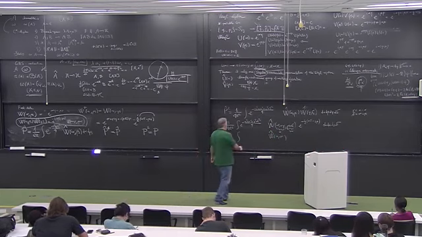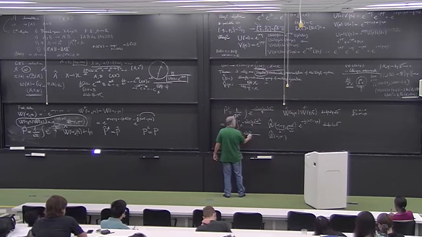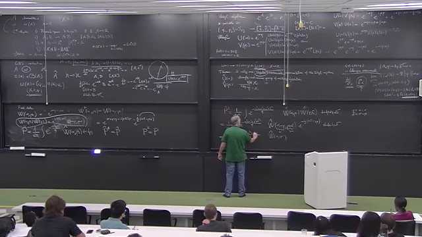And then we will add here e to the minus alpha squared plus beta squared. Gamma is u minus alpha, so I get a 2 here, plus u squared minus 2u alpha.